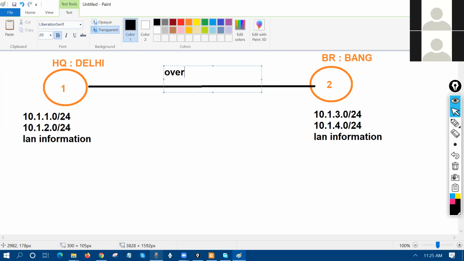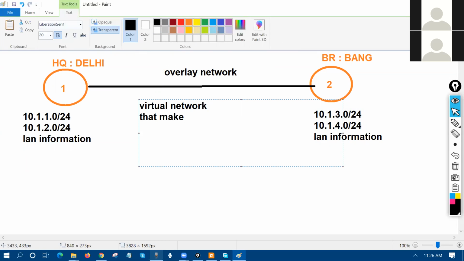This is my overlay network, my logical or virtual network. We can say that it makes a logical connectivity over the public network, right?